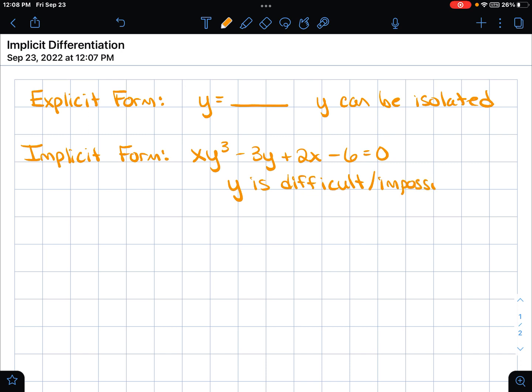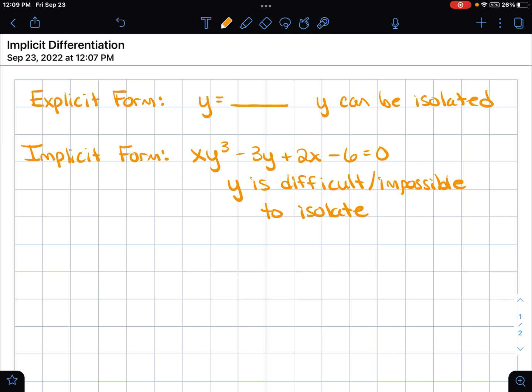So finding the derivative gets a little bit tricky. It's hard for me to talk and write at the same time. So it's tricky then if we were trying to find dy dx, if we're trying to find the slope, it's difficult to isolate the y and then find the derivative.